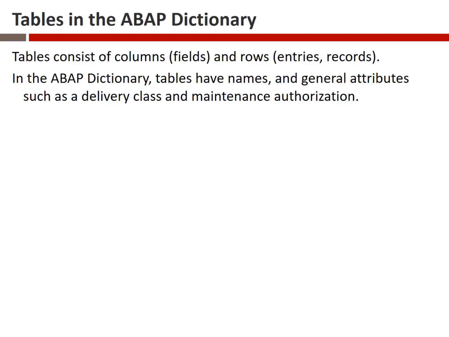Transaction data, on the other hand, describes data generated as a result of executing business process steps. So a customer calls us on the phone and places an order, and that's going to generate transaction data.